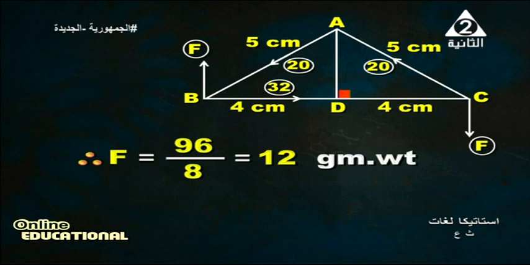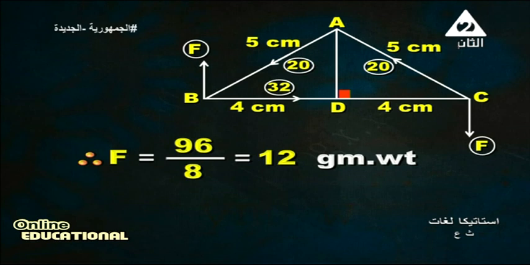The constant K, the ratio between the force and the distance, equals 4. The moment of the couple, by using the rule: what is the rule? Twice the area of the triangle multiplied by the constant K. What is the area of triangle ABC? By using half base times height, we have 8 times 3, multiplied by K and by 2, equals 96.